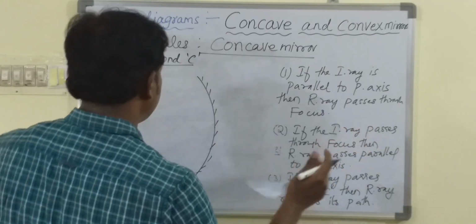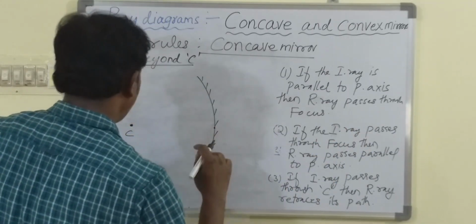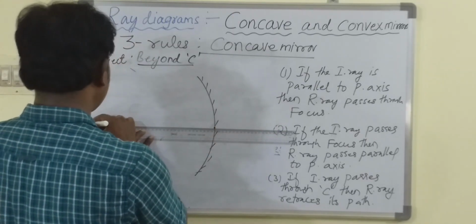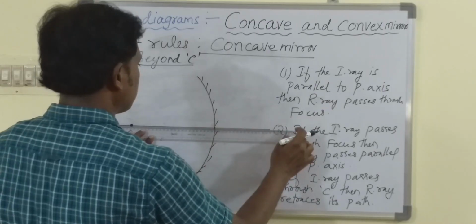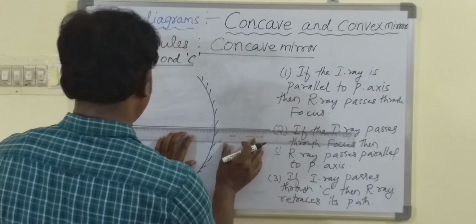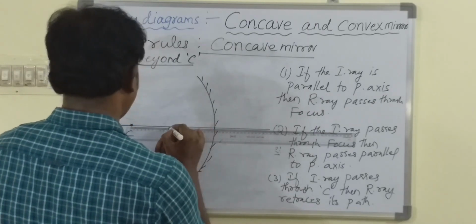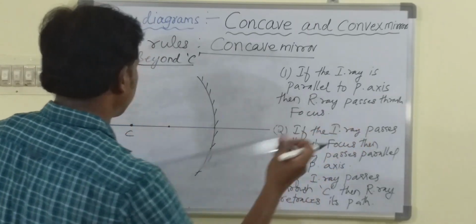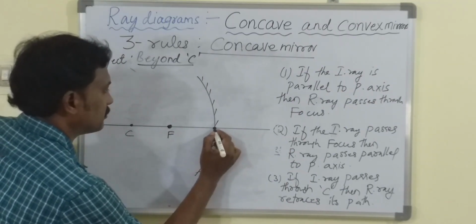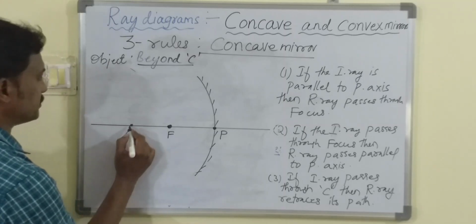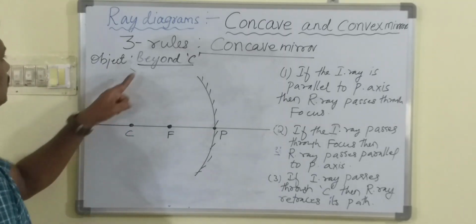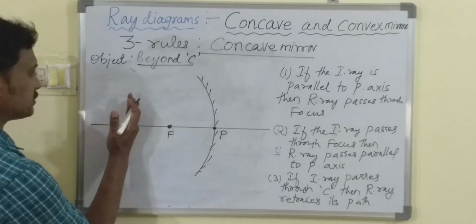The radius of curvature is 20. Let me draw the principal axis. This is the principal axis. Okay, and at a distance of 10 centimeters, this is the focus, this is the pole, and this is the center of curvature. Now, the object is beyond C, that is after the C.